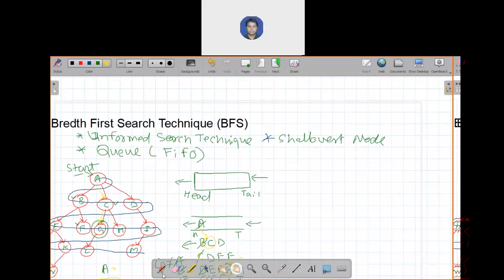These are some points I have written. It is an uninformed search technique. It follows the principle of FIFO, first in, first out. It is a level-order technique, meaning it explores the elements level by level.